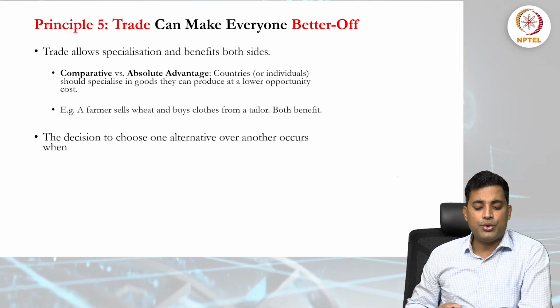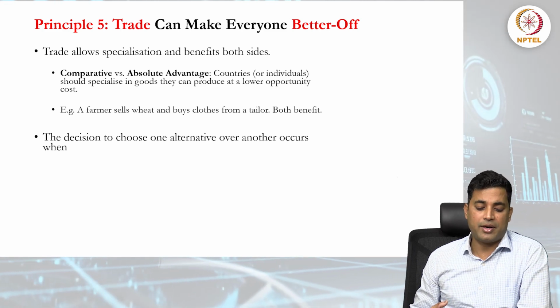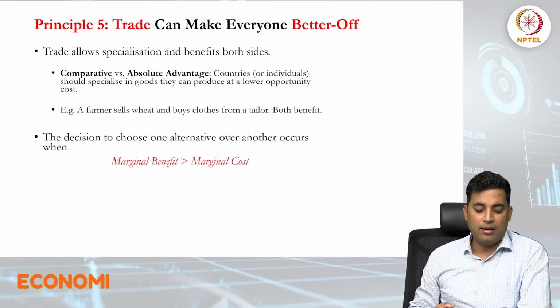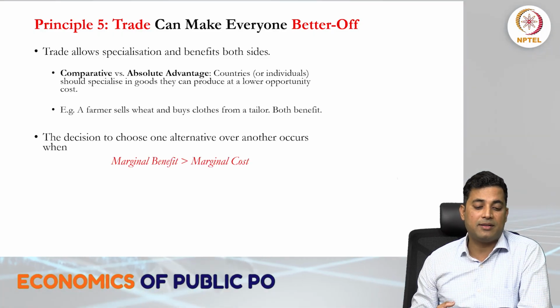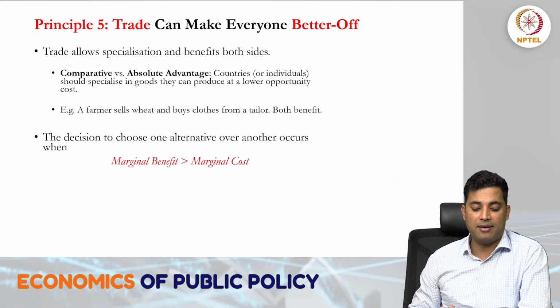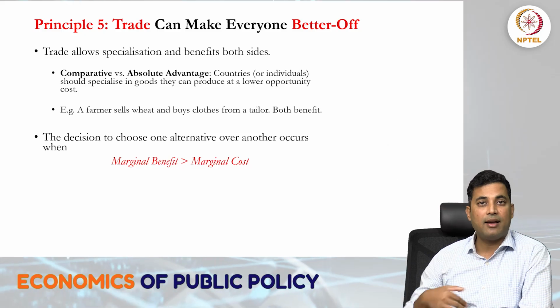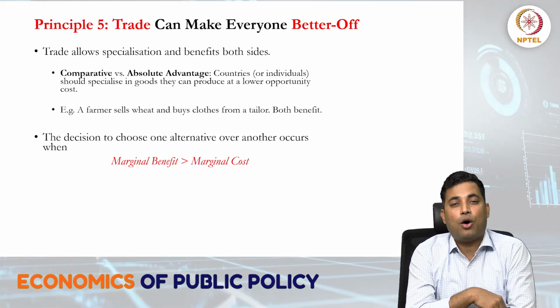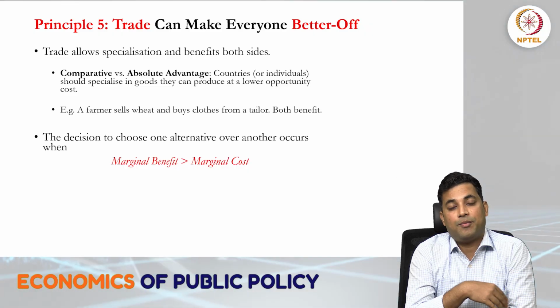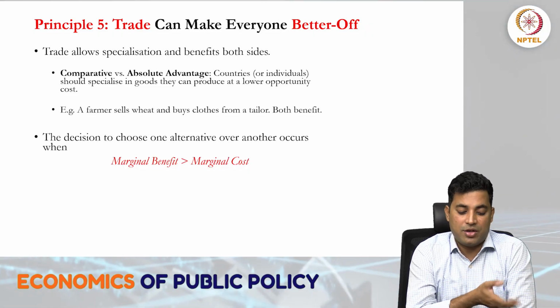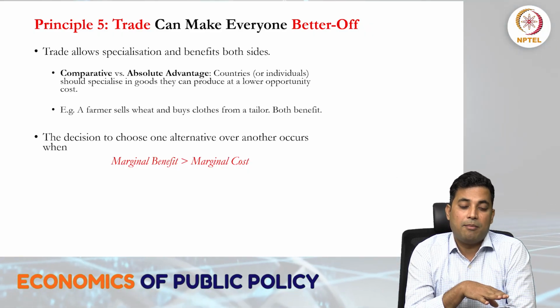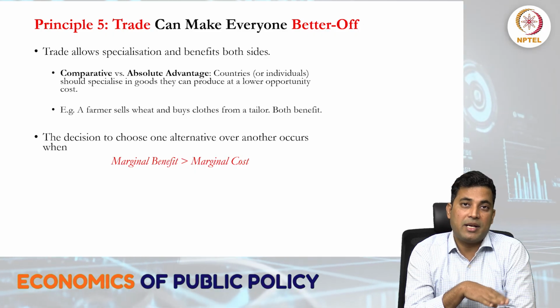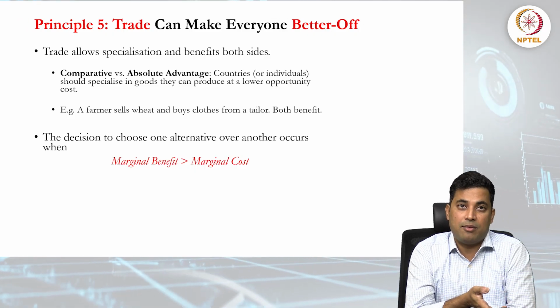The decision to choose one alternative over another occurs when marginal benefit is higher than marginal cost. As I said, as a rational individual or group, we will think from the margin, whether it is benefit or cost, we will think from the marginal point of view.